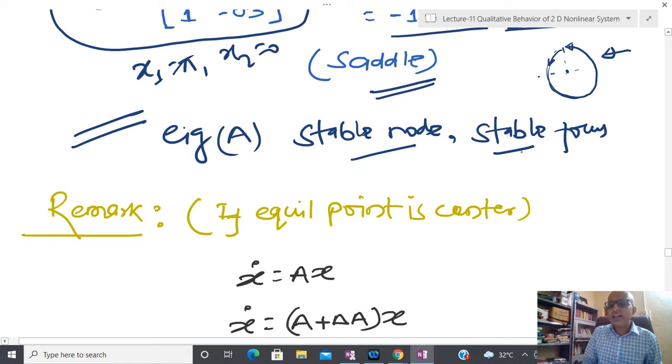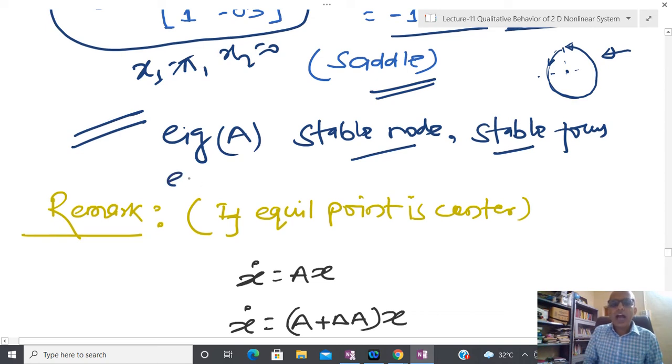You can see in this case that I am going to talk about the property of the nonlinear system by looking at the linear system. We are saying that the corresponding nonlinear system becomes stable about that particular point if I have a linearized system which has a stable node or a stable focus.